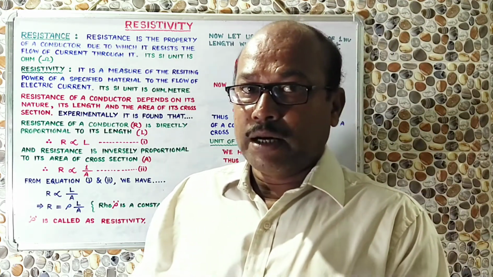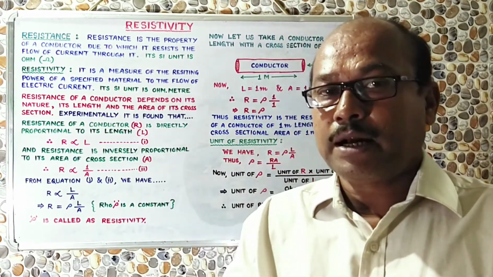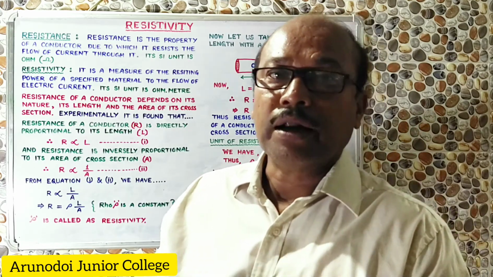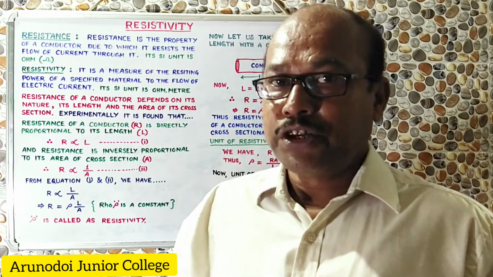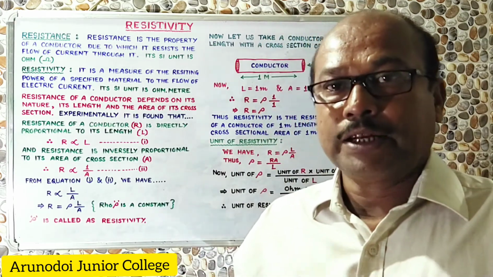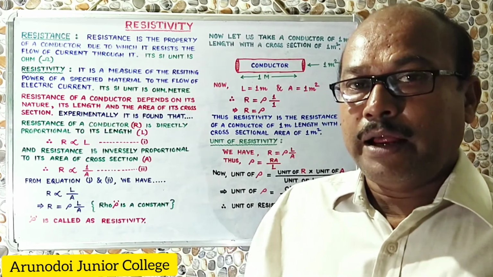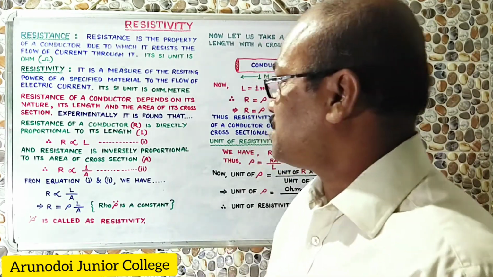A conductor always gives an opposing force so that the current, that is the charges, the electrons, cannot pass through the conductor. That ability of a conductor to resist the flow of electrons is called resistance, and its SI unit is ohm. We have already discussed it.